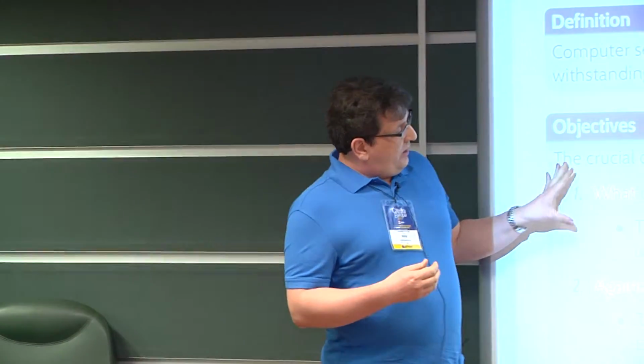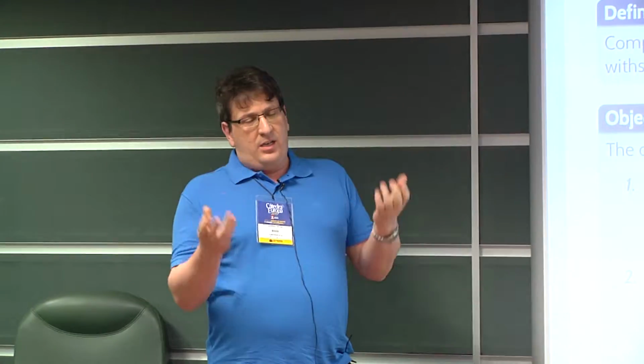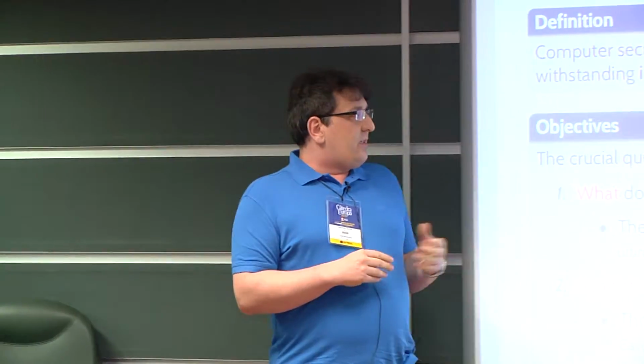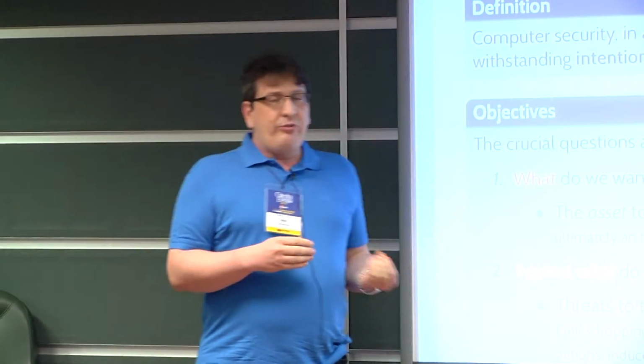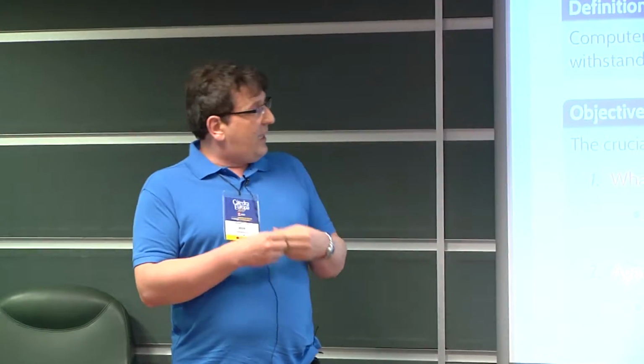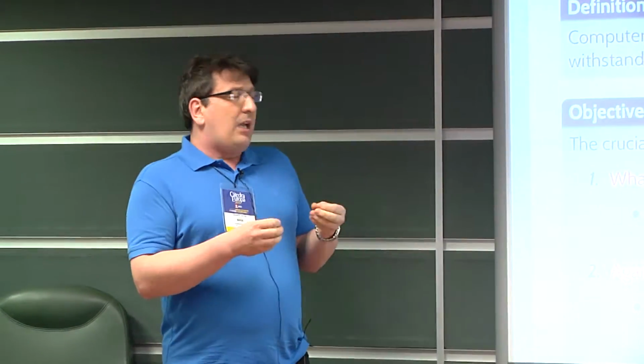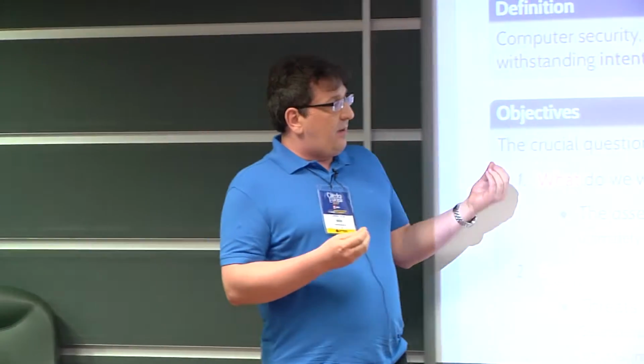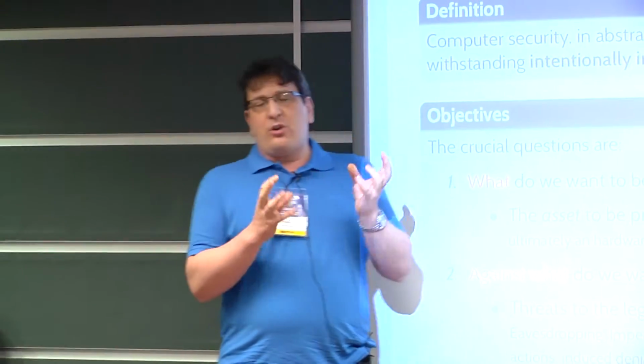The answer to the first question in most cases is information. The information is the asset that needs to be protected. Ultimately, information means a hardware or software configuration or a piece of data.